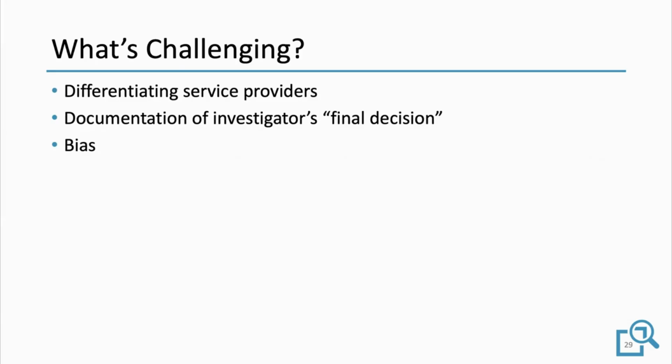Some other challenges here, we might need some clear documentation of the investigator's acceptance of service providers that we hire. And we also might increasingly run into situations where sponsor contracted resources might have to prove in some way that they are not biased, or we might have to come up with some ways to minimize bias.